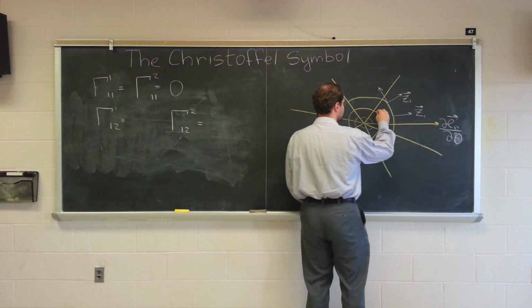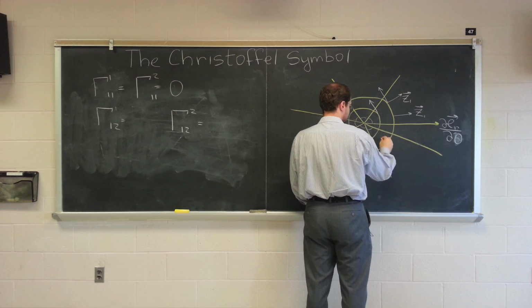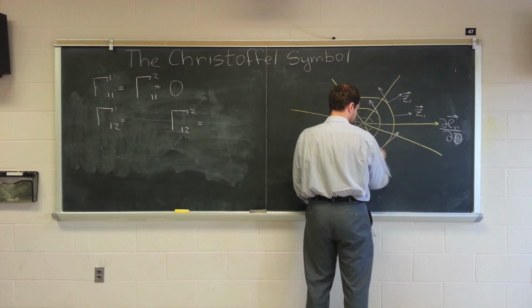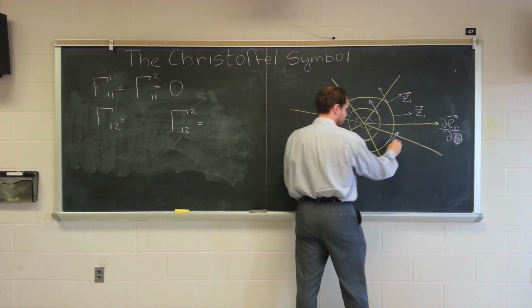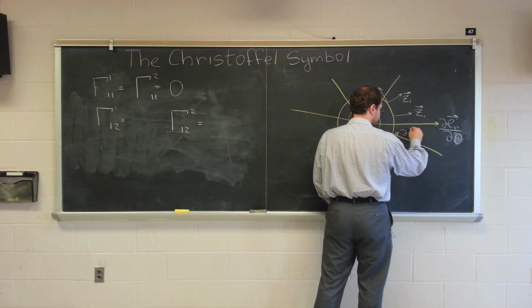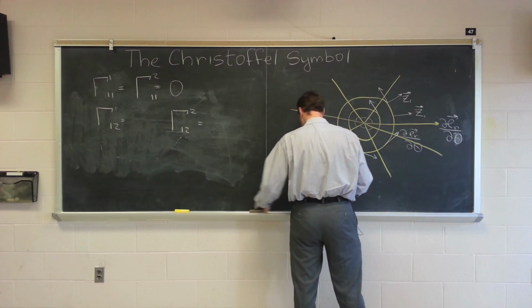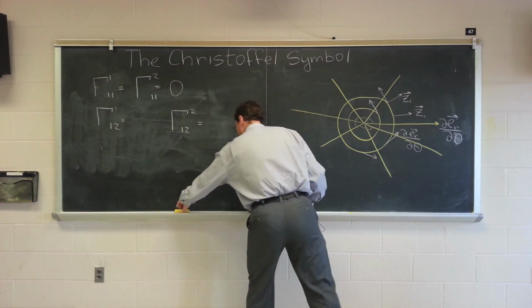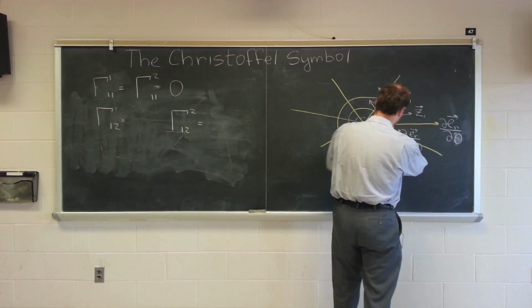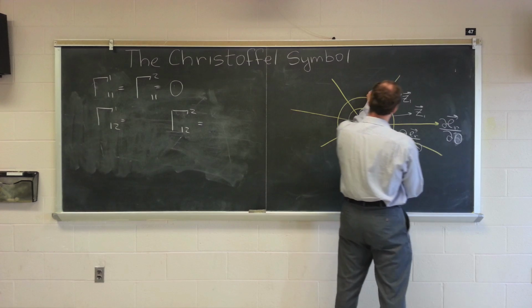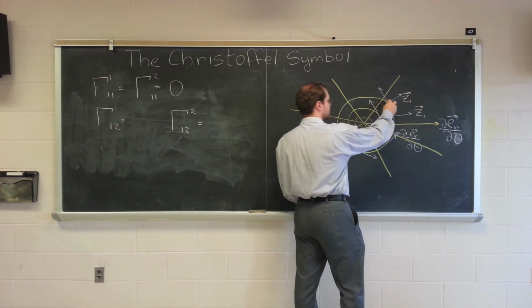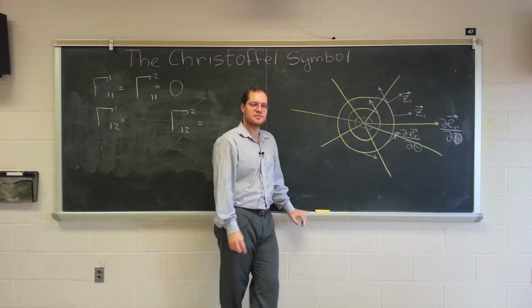So let me draw it everywhere. At each of the points I've drawn dE_r/dθ, always the unit vector. This one I overshot a little. It's the unit vector that points in the orthogonal direction.